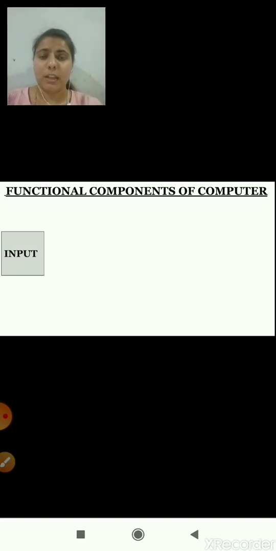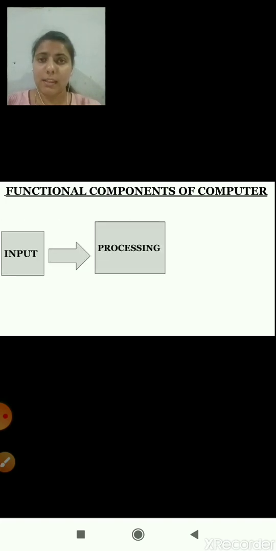Functional components of computer. What are the functional components of computer? Input. What is input? That raw data which user gives to the computer is known as input. Then processing.